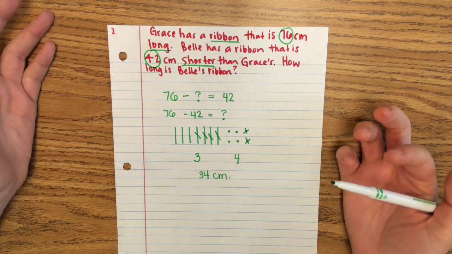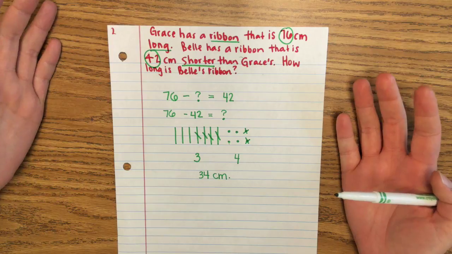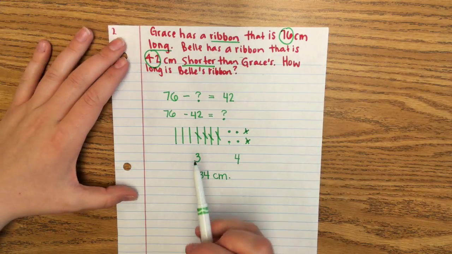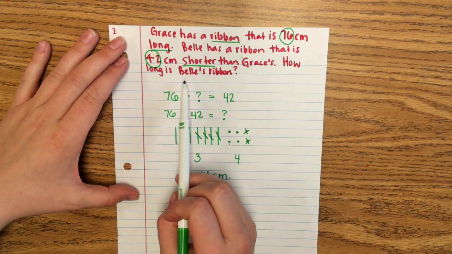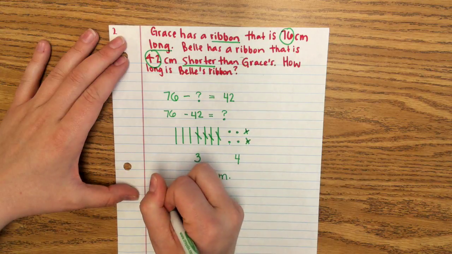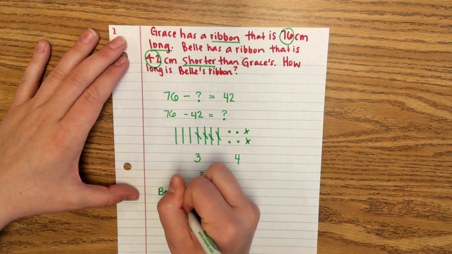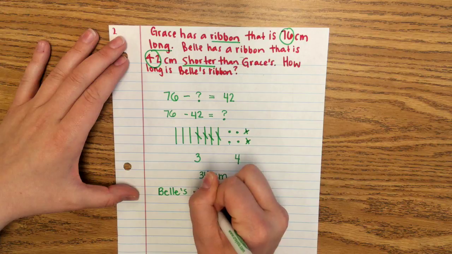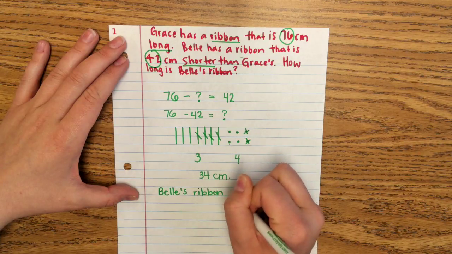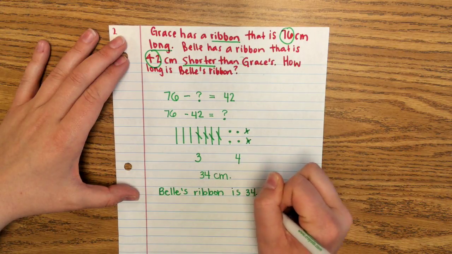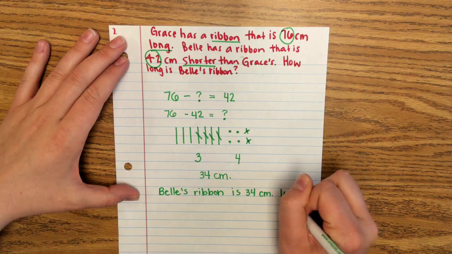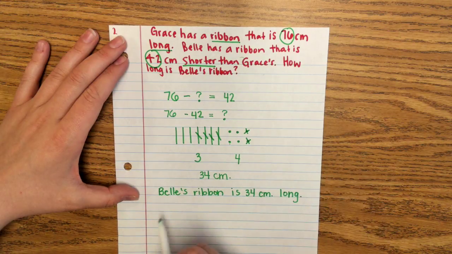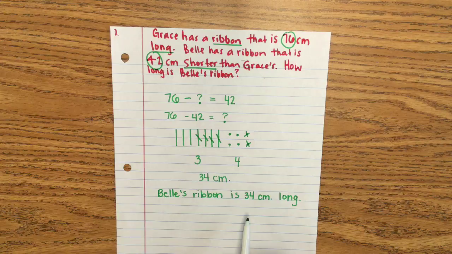Because if I don't, you might think it's inches, and that would be more than what I have. I also need to rewrite that how long is Belle's ribbon. I'm going to write Belle's ribbon is 34 centimeters long. And that tells me what I know about 34 centimeters. And those are your word problems for today.